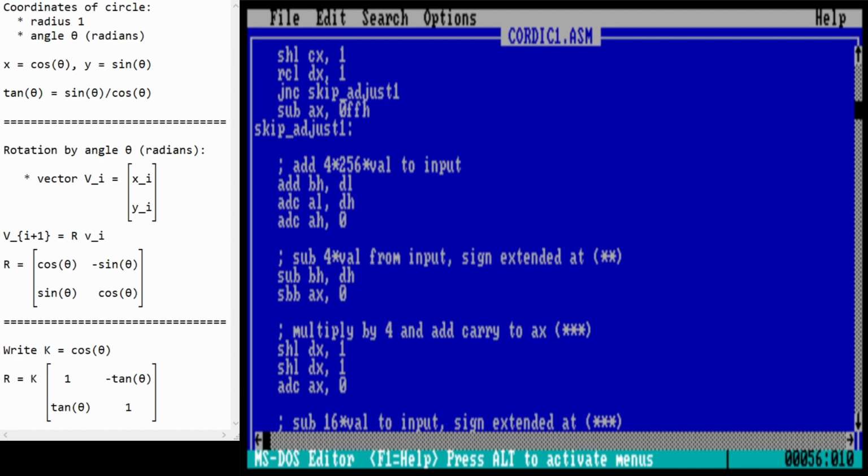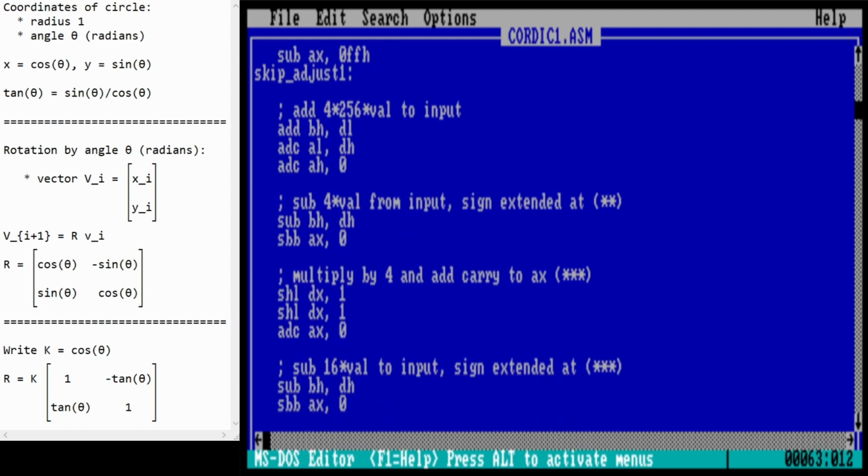We could have put that in here, it just would have been wasted effort. So here is where we deal with our sign extension issue. Once again, this shift here would leave the carry set if the input had been negative, and so we basically end up just adding the carry to the AX register here to deal with that sign extension issue.